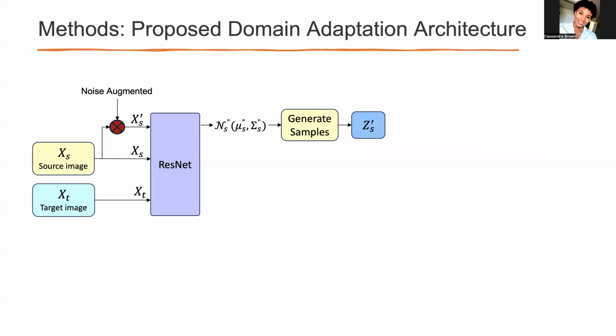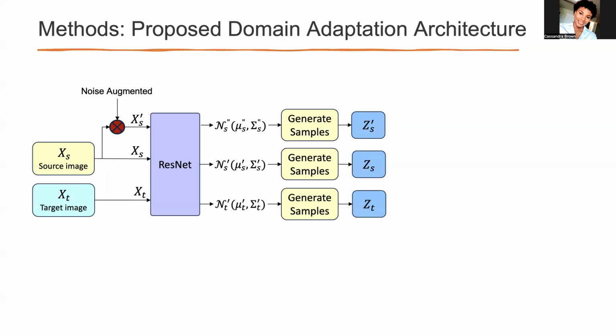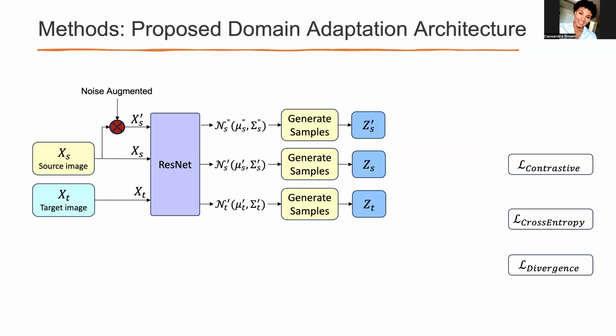We perform the same operations for the rest of the two branches, and we get samples for the original source data and samples from the target data. Once we have all these samples, we can perform our objective functions, which are the contrastive learning, cross entropy, and divergence. Let's check them one by one.